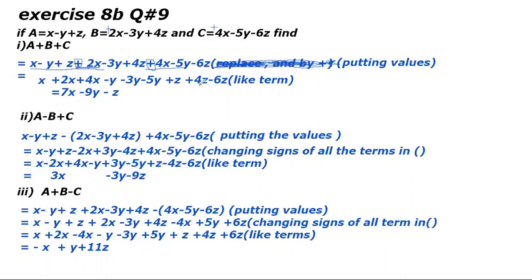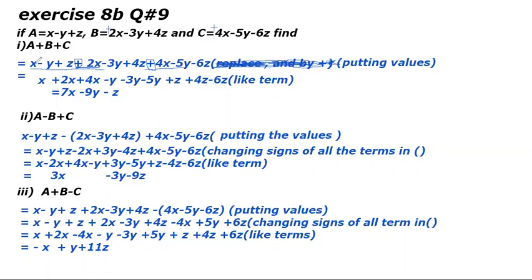Now the next step is like terms. In the parentheses, I have written like terms. Like terms means in the next step I will collect the like terms. Like terms are those terms which have the same variable. x, y, and z are called the variables.